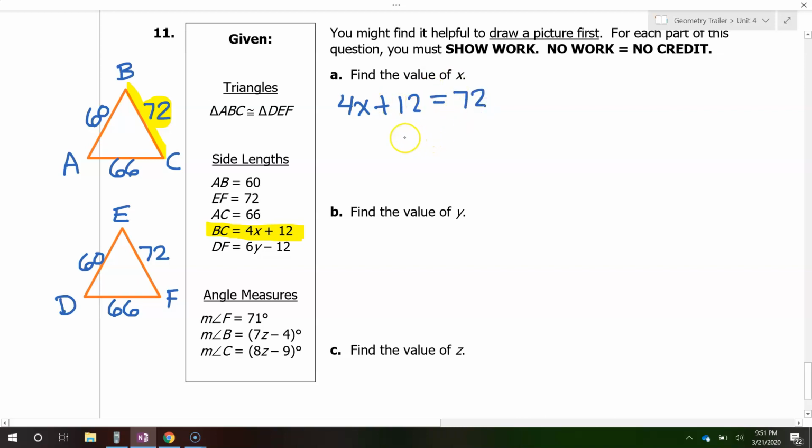So we should be able to just solve this for x very quickly. So subtracting 12 from both sides, this will give me 4x is equal to 60. And so x is equal to 15. All right, maybe I should have showed that last step. I am dividing both sides by 4. And that gives me x equals 15.